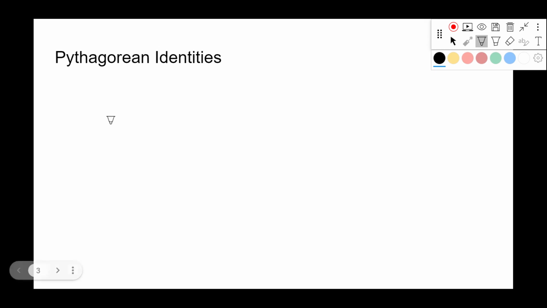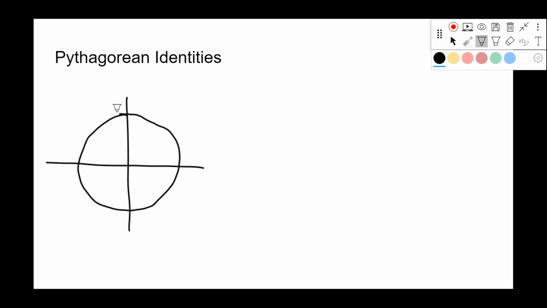All right, so let's talk about what we have here. So let's go and let's draw ourselves a unit circle here real quick. Here's a unit circle. On my unit circle, if I were to pick out any point and make a triangle out of it. So this is my unit circle. If it's the unit circle, the radius is 1.